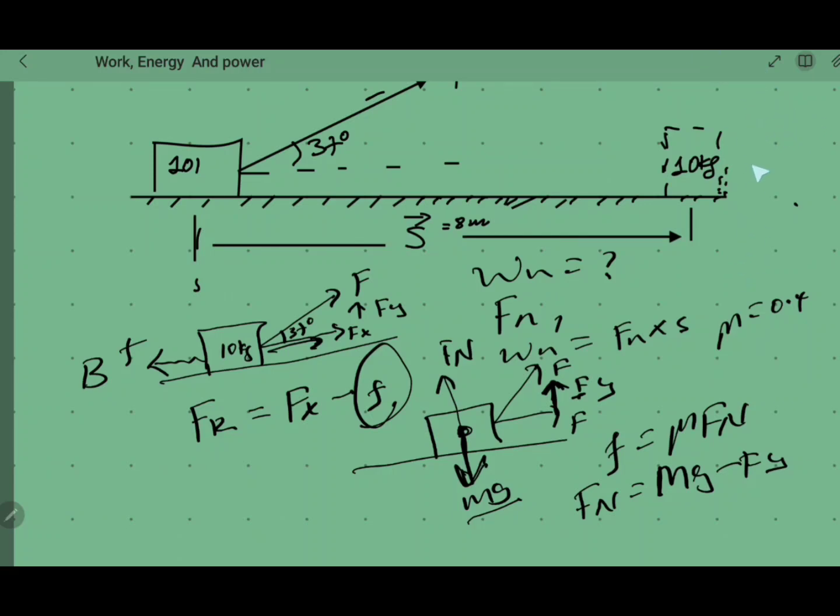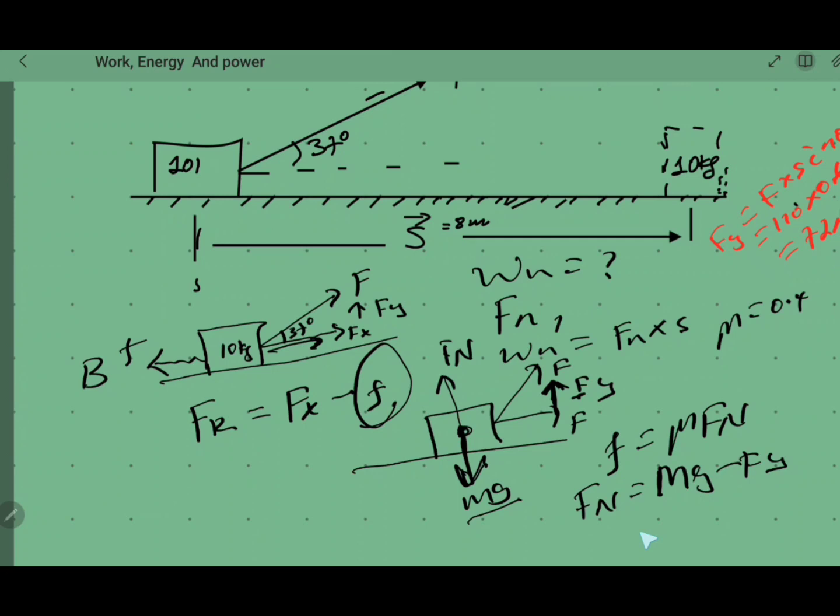Let me change the color. So Fy is F times sine of the angle. F is 120 times 0.6, which is sine of 37, so this will give you 72 Newton.